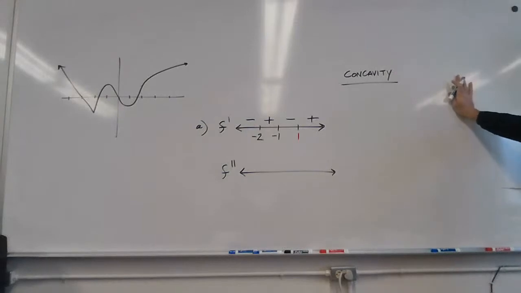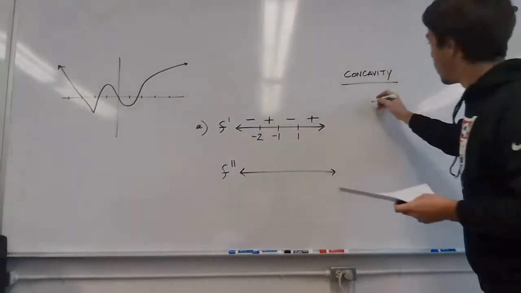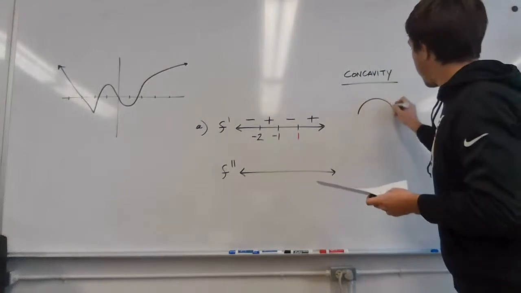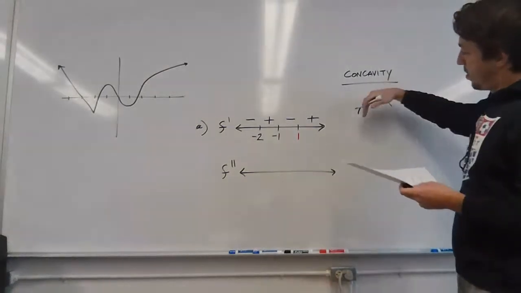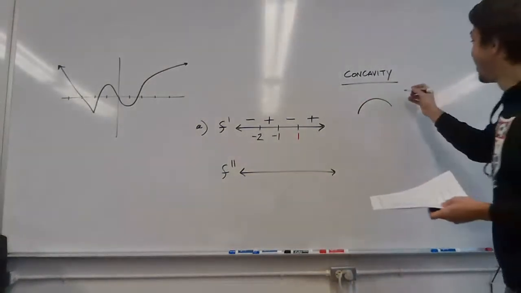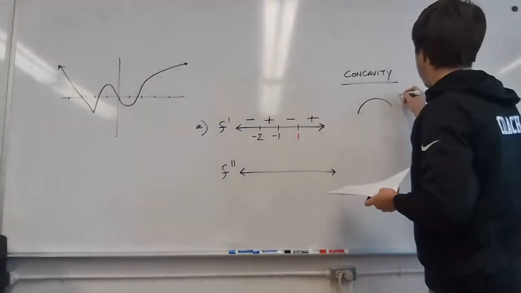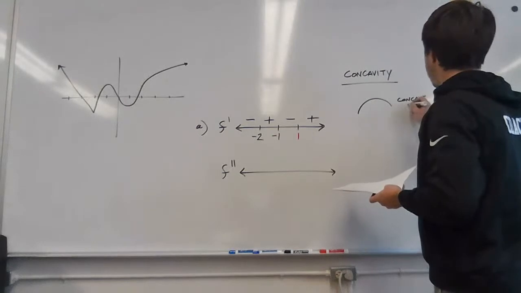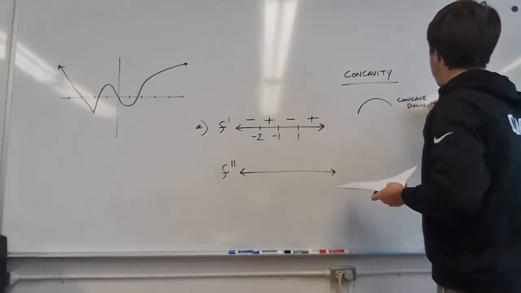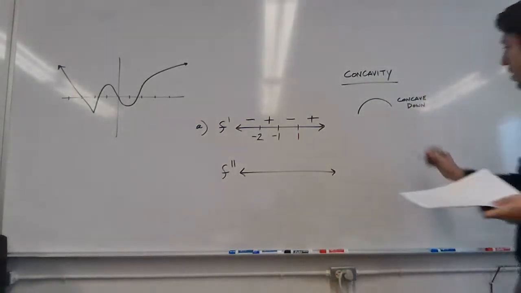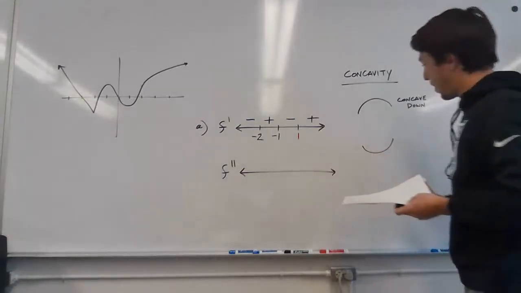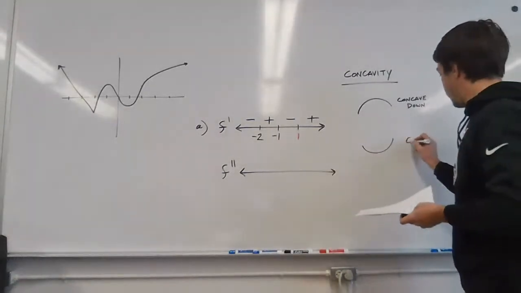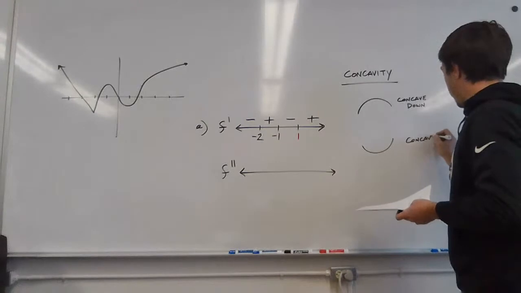Anything that's shaped like this, that wouldn't hold water, for example, is concave down. And if it's curving up, like a happy face, it's concave up.